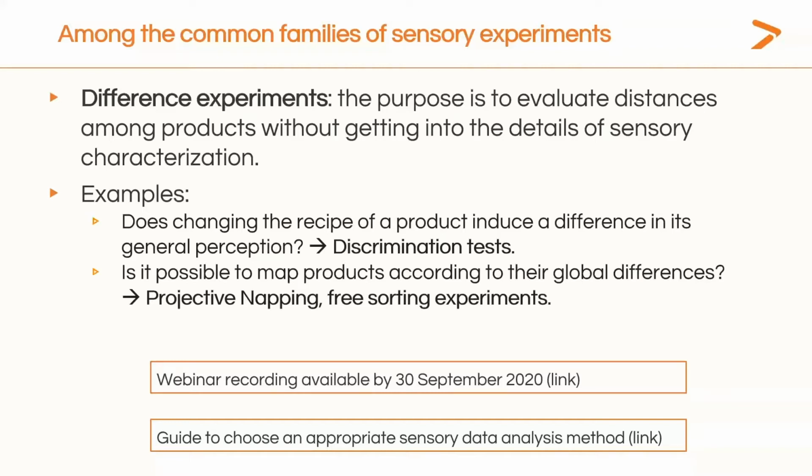Then we ask other questions. For instance, is it possible to map products according to their global differences? So we've seen projective mapping and free sorting experiments from which we extracted data and which allowed us to map the distances among the products by using special statistical techniques such as the status technique.